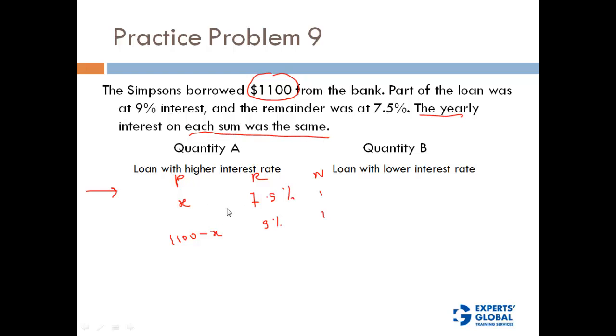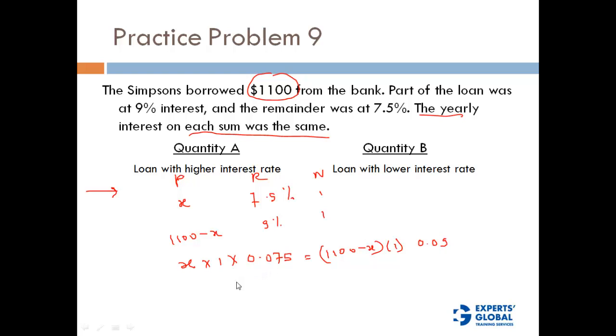So that means P N R, P into N into R, 0.075 X, is equal to P N R of the other investment also. So P N R is 1100 minus X, N is 1 and R is 9%, 0.09. Correct?